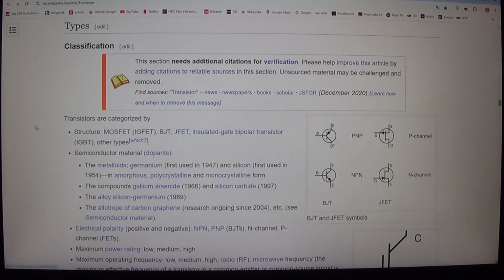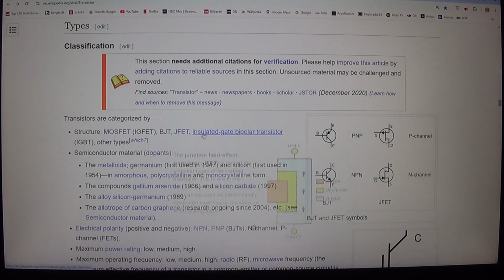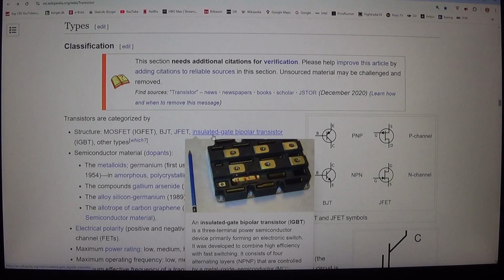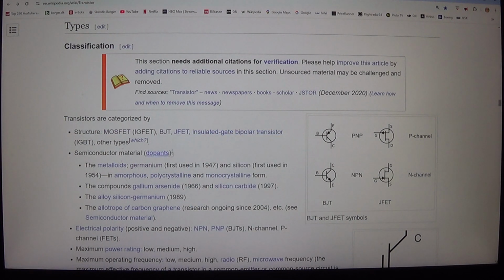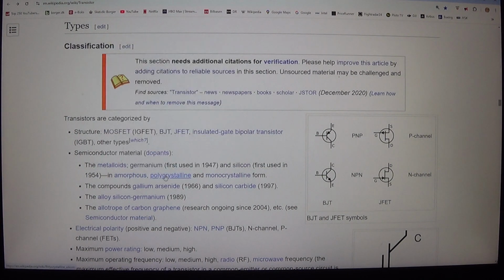Transistors are categorized by: 1. Structure: MOSFET, IGFET, BJT, JFET, insulated-gate bipolar transistor (IGBT), other types. 2. Semiconductor material (dopants): 1. The metalloids germanium, first used in 1947, and silicon, first used in 1954, in amorphous, polycrystalline and monocrystalline form. 2.